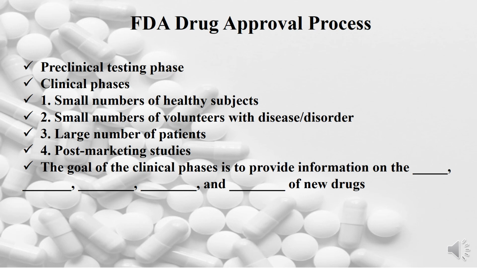A black box warning is the strictest warning from the FDA, and it indicates that serious adverse effects have been reported with this medication. The medication can still be prescribed. However, the prescriber must be aware of the potential risks and the patient must be warned. Black box warnings are included in the prescribing information of the drug, and the text of the warning has a solid black border. That's the name black box.